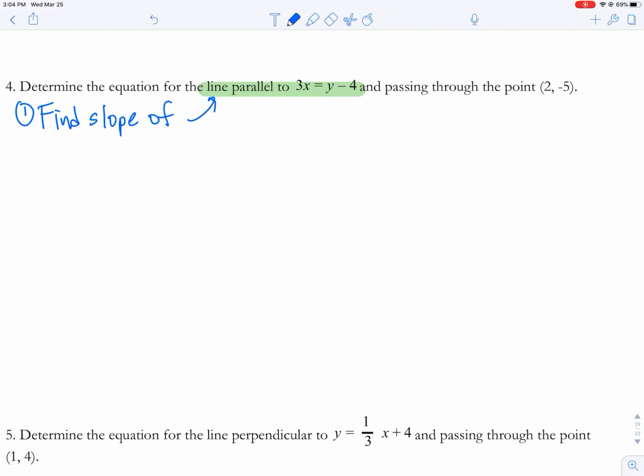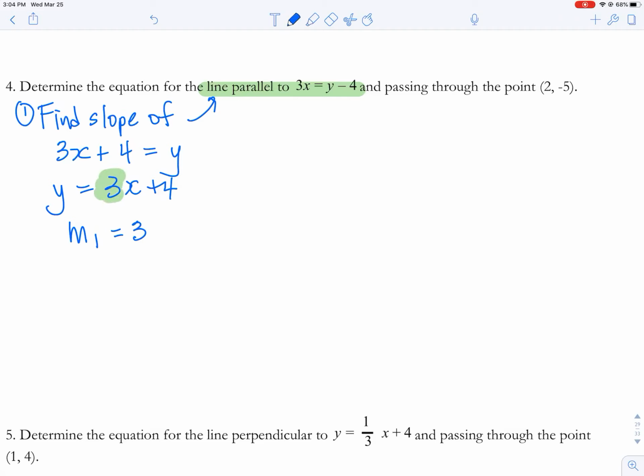So I could write 3x plus 4 equals y, but we're used to having it be this way. It doesn't really matter. I would get that my slope is equal to 3, because remember, the slope is what comes in front.